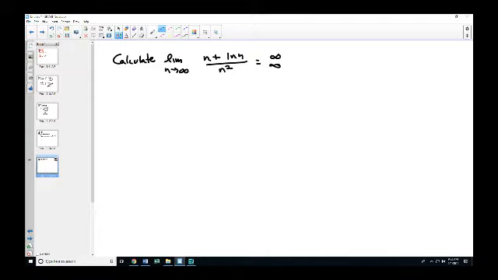Infinity plus natural log of infinity over infinity squared. So what can we do with that now? Well, L'Hopital's rule. So 1 plus 1 over x over 2. It's going to be 0. So what does the sequence converge to? 0, right? Okay.